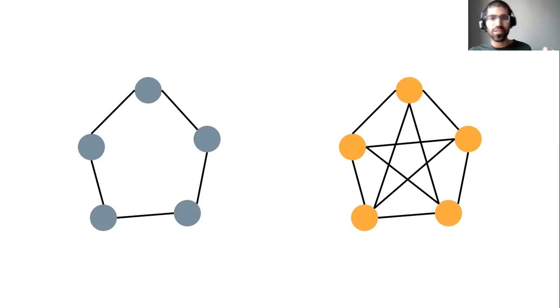For humans, oftentimes we tend to cluster. If you have a church, a bunch of the people there are going to know each other because they're all Christian. If you have a group of people working at a company, all the people in one department will tend to know each other. All the people in another department will tend to know each other. This idea of which nodes connect to which other ones and how often they tend to cluster together is very interesting.